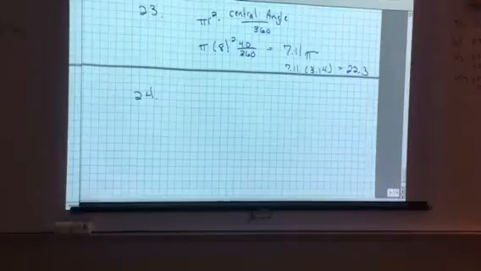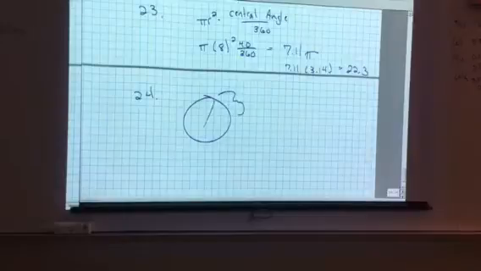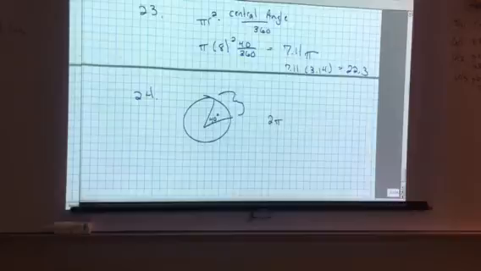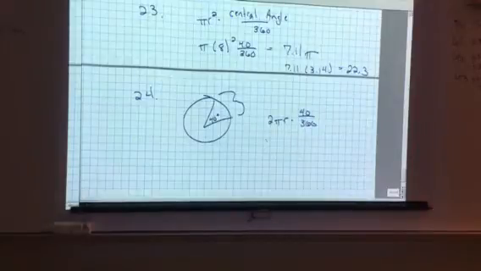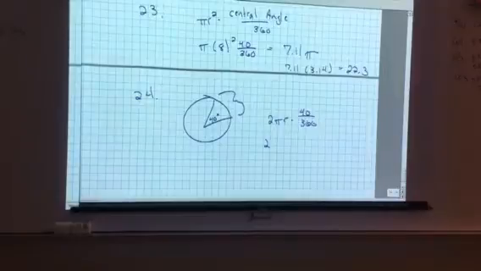24, find the length of a 40-degree arc. Now they want the distance along the edge of the circle. So instead of using area of the circle, we're going to use circumference. So we'll take the whole circumference and then multiply it by the percent we want, which is 40 degrees out of the 360. It does not say to use 3.14 this time, so we'll simplify this.